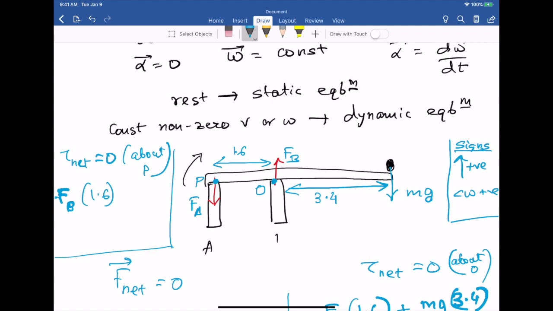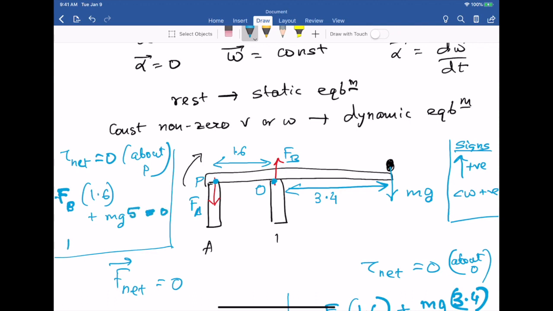And then mg is exerting a clockwise torque about the point P, so the torque of mg should get a positive sign. So let's put that down, plus the torque of mg about P, which is going to be mg times 5. And that's equal to 0.